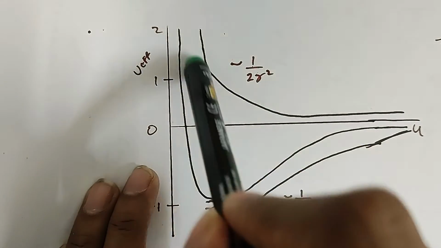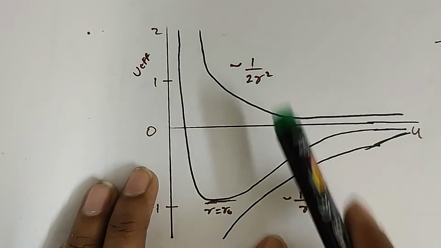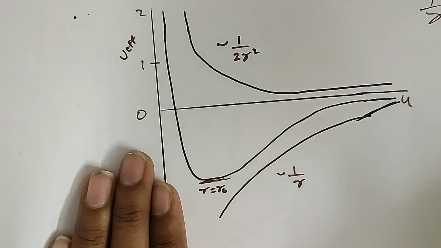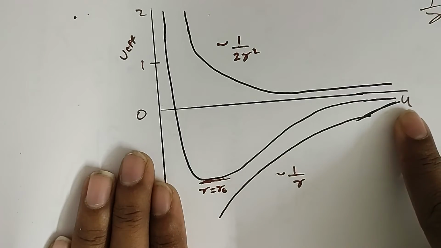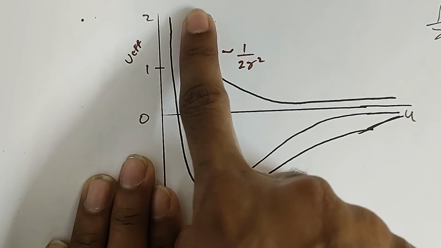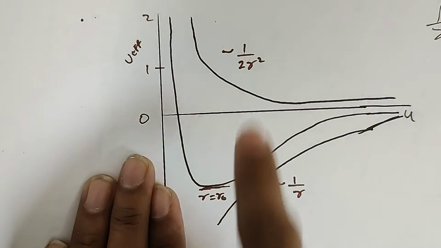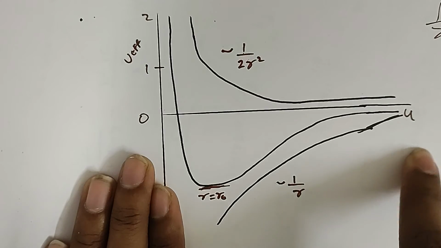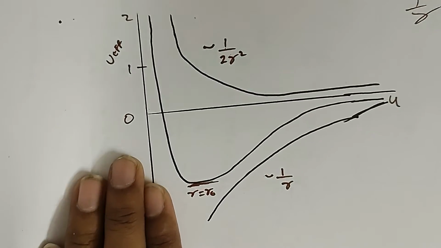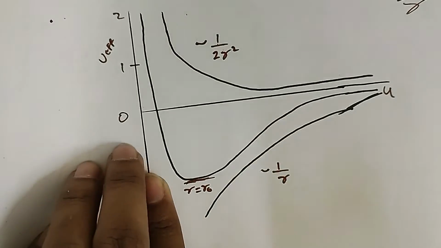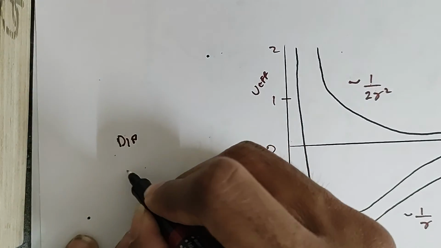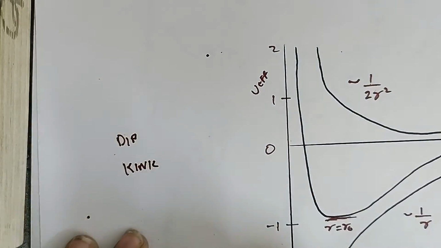So this particular curve here shows a rapid decrement as compared to this. You see this increment over here, this is a negative axis and this is a positive axis. It shows a more rapid decrement as compared to this one. But here we have a dip. When we study a graph, we more or less use terms like the graph takes a dip, or there is a kink.